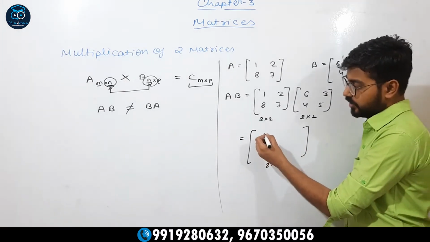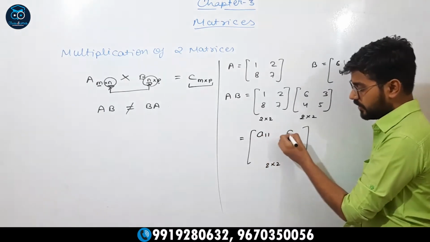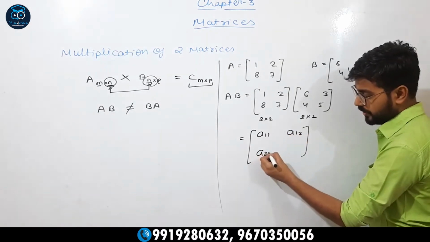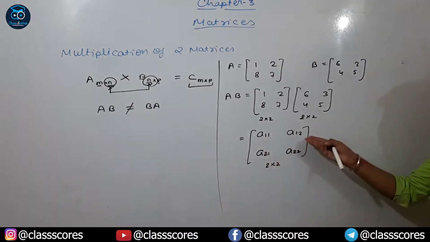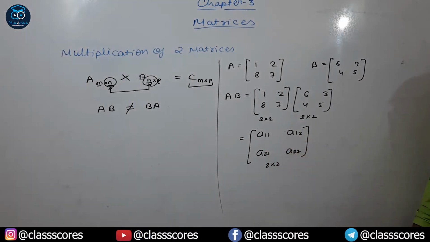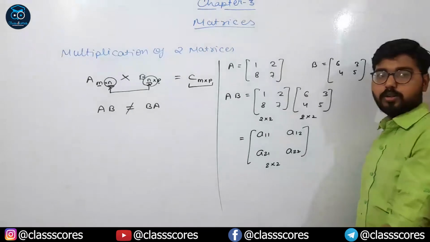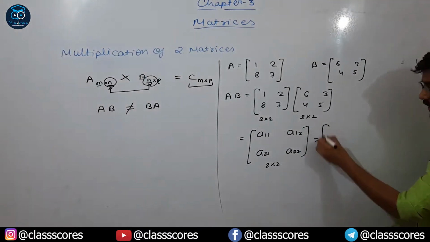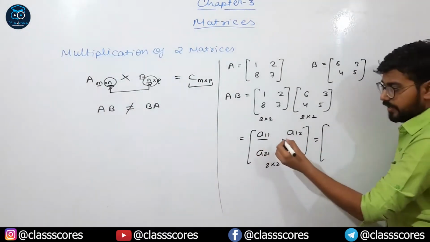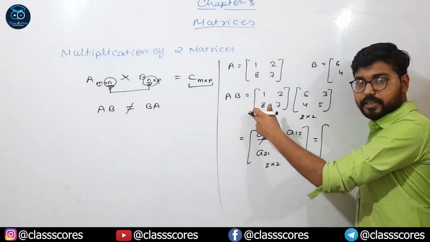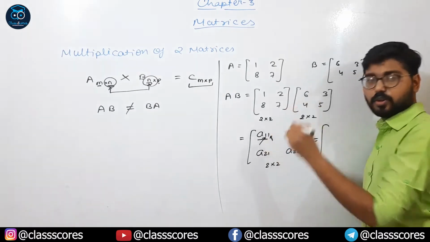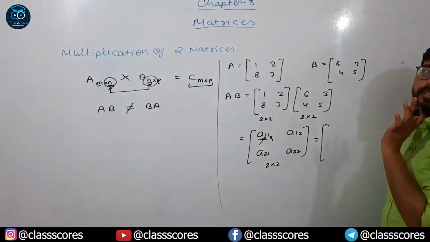The elements are A11, A12, A21, A22. If we find the values of A11, A12, A21 and A22, then we can get the value of AB. Now for A11 it means first row of A and first column of B. Clear?